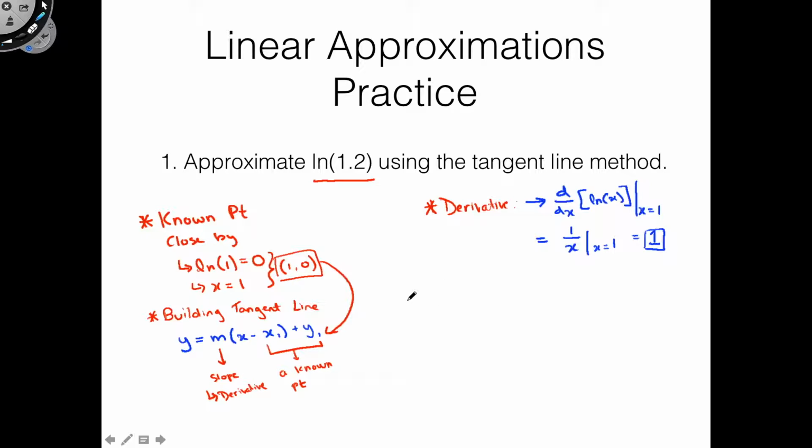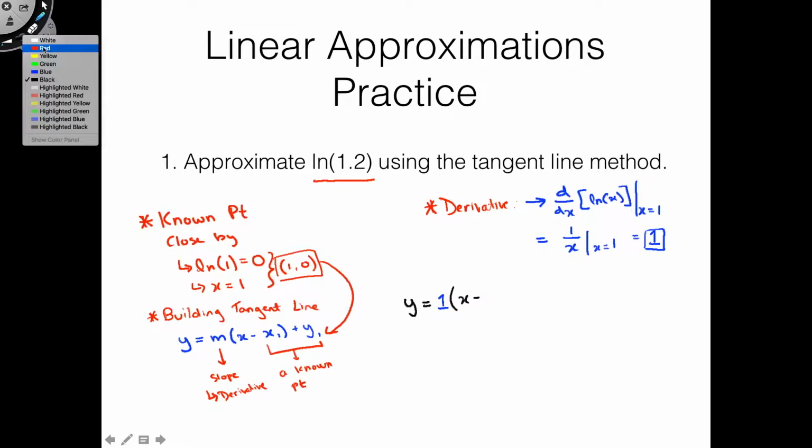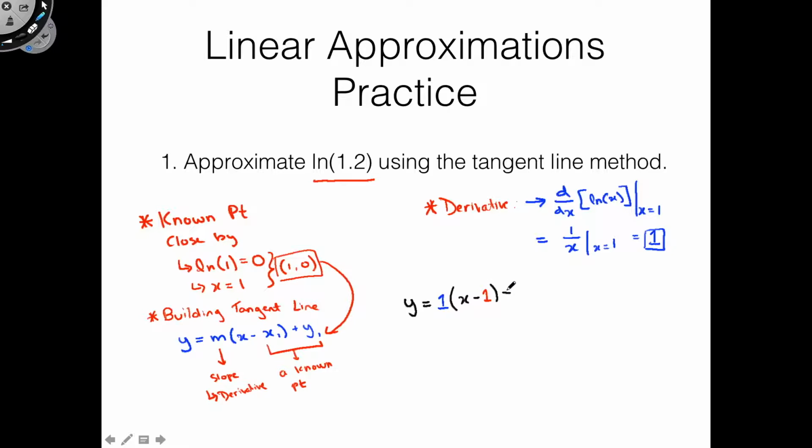So we have y equals 1 times (x minus 1), plus 0, but I'm just going to ignore that 0. That's our final equation for the tangent line.